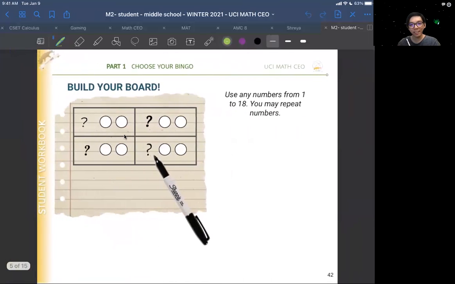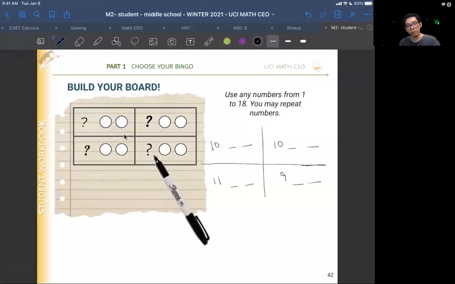Before it goes on, one good thing that I was kind of curious about, but it was in the manual. You might have missed it, like I did. What if I have four numbers and I have duplicate numbers, like 10 and another 10, 11 and 9? In order to win this round, you have to get 10 four times, not twice.